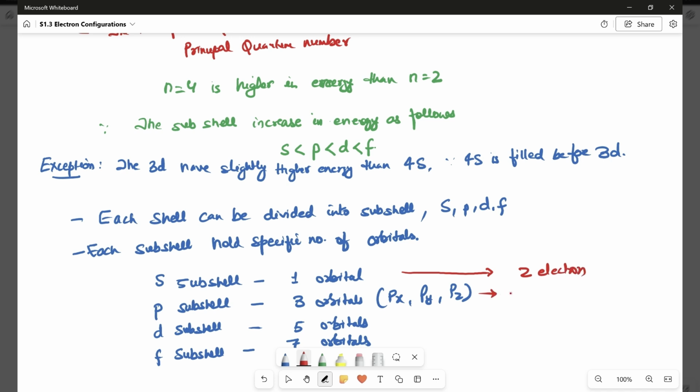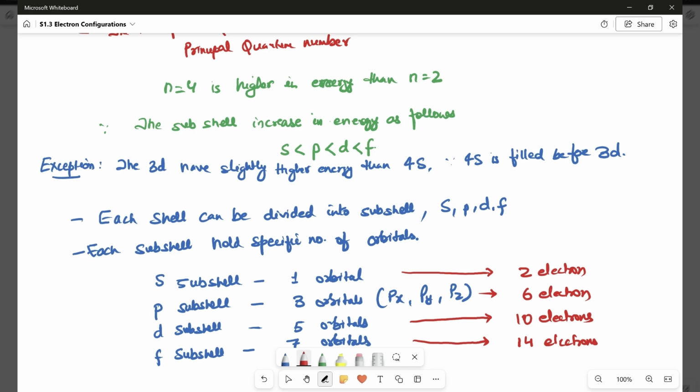In case of p, there are three orbitals and each has two, so it will be a total of six electrons. Here you have five orbitals, each with two, so 10 electrons, right? And here you have 14 electrons, right? So this is how the shapes and orbitals are arranged.